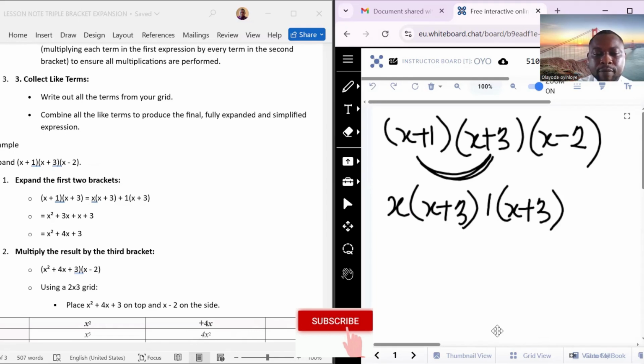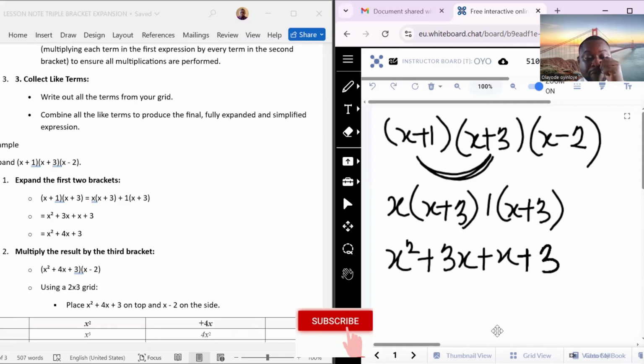So we now have x squared plus 3x. 1 times x is plus x. 1 times 3 is plus 3. So we can simplify this, and then we have x squared plus 4x plus 3.